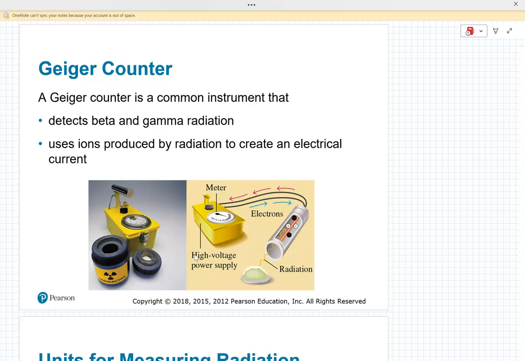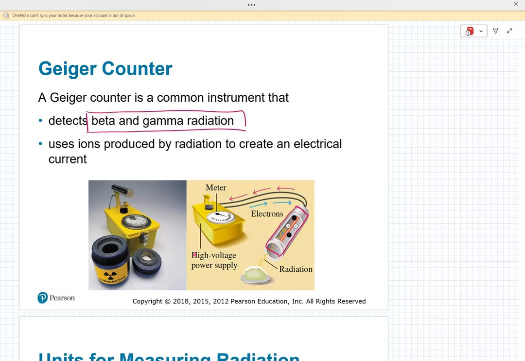So a Geiger counter can only detect beta and gamma radiation. Okay? How does it do it? When beta particles or gamma rays enter a special chamber, the energy of these beta particles or gamma rays turns atoms of gas that fills up the chamber into ions.